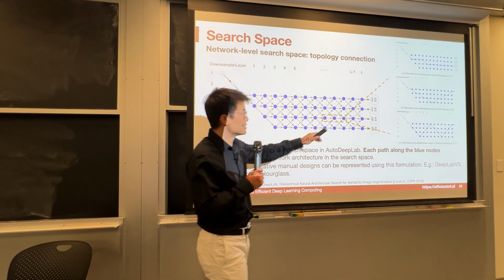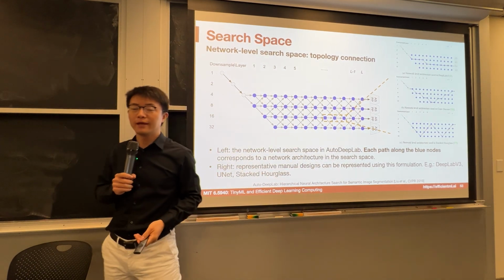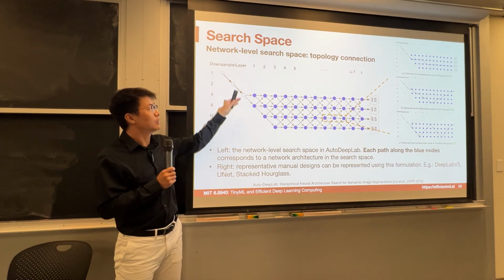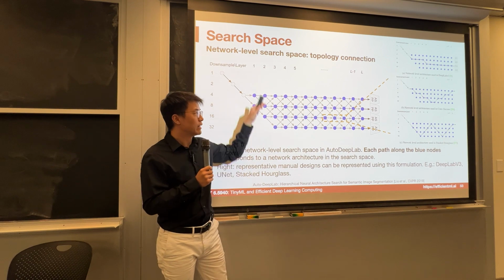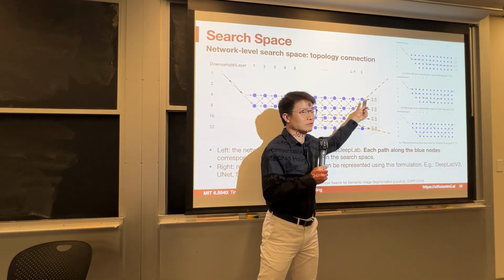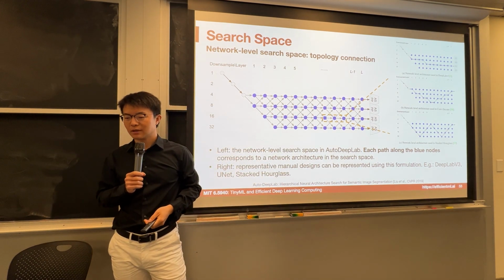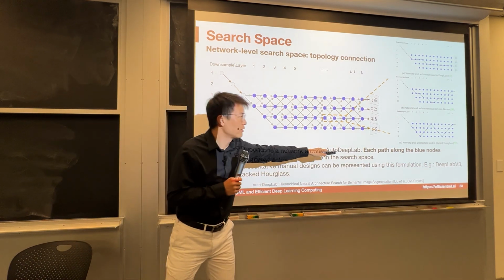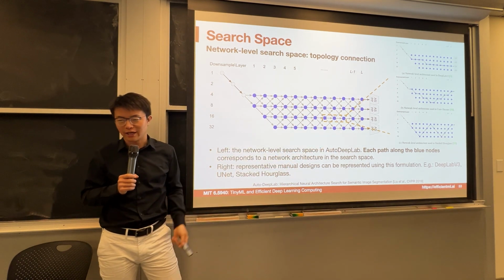As long as the final result reaches this point, for example, during image generation, you give the image, you want to generate an image of the same resolution. So no matter how many times you downsample and upsample, as long as the final resolution is your input resolution, that is good. And therefore, each path along the blue nodes corresponds to a network architecture.